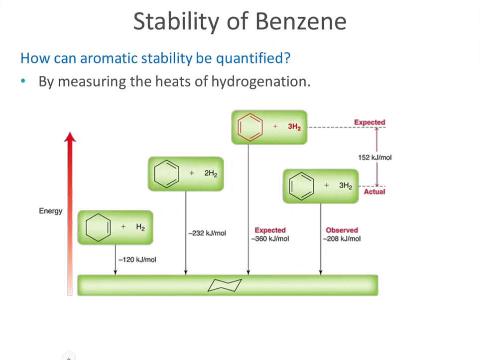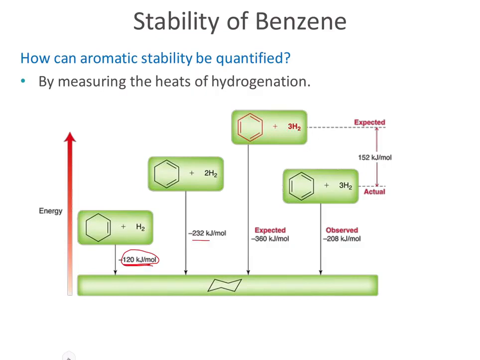If you want to determine the stability, we can measure the heats of hydrogenation, okay? The amount of heat released during the hydrogenation process. So if we do a hydrogenation for a cyclohexene, it produces 120 kilojoules per mole, which means if we do this for cyclohexadiene, we should expect the release of double that amount, which is supposed to be 240.